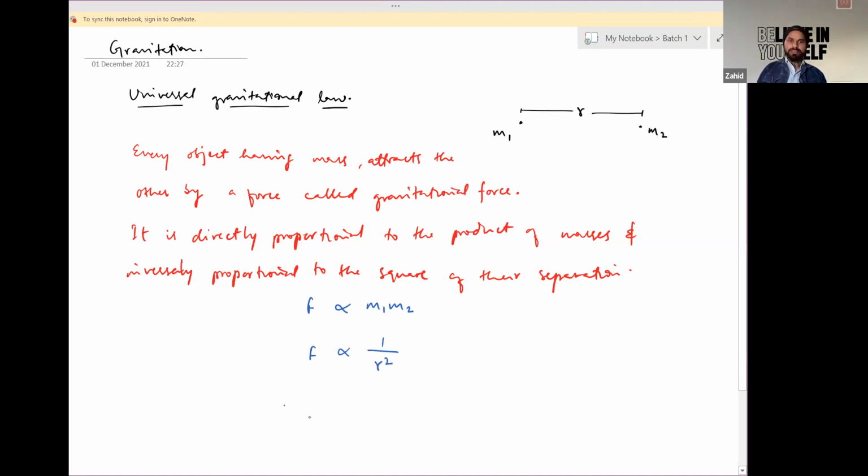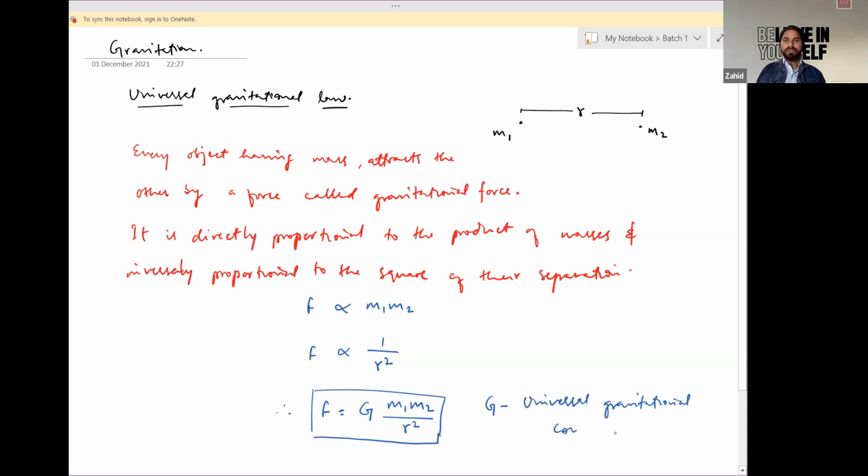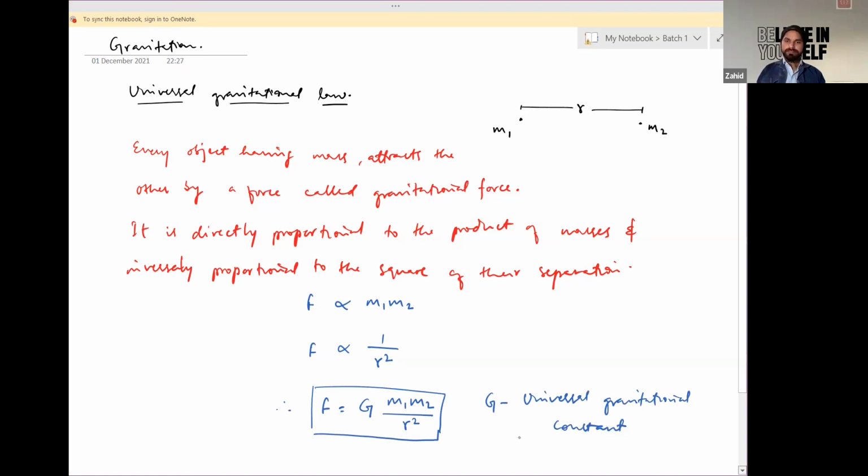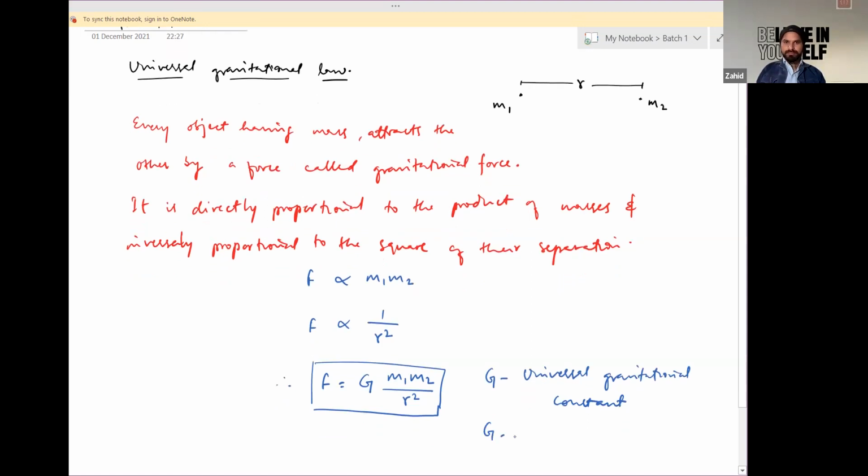If you combine these two terms, removing the proportionality sign by a constant capital G, you get F equals G m1 m2 by r square, where G is called the universal gravitational constant, which equals 6.67 times 10 to the power minus 11, or 20 by 3, Newton meter square per kg square.